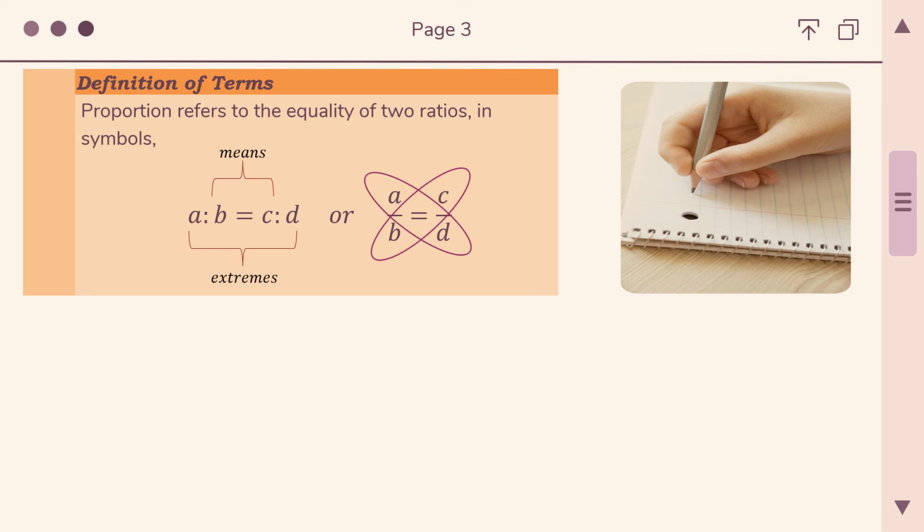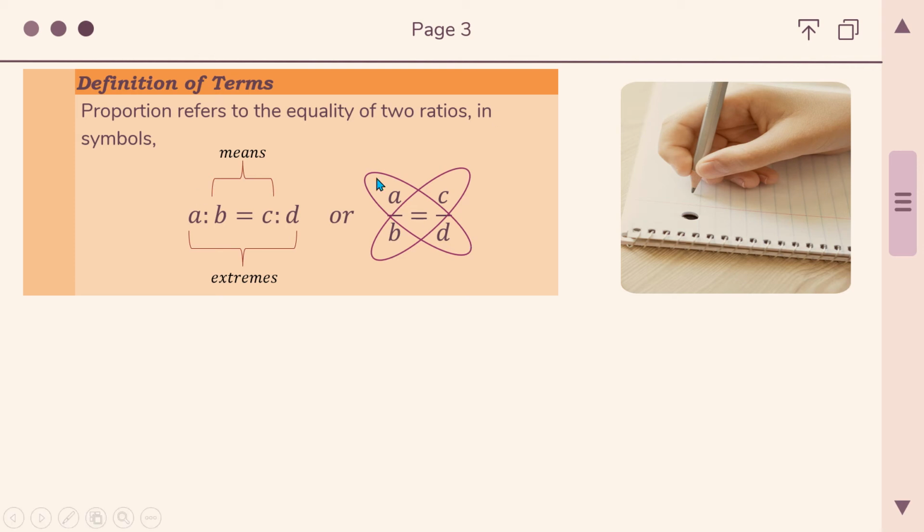So what do means and extremes mean, sir? When you say means, that is the inner product, which is B and C, while the extremes are the outer product represented by A and D. On the right side, this one looks like a scientific symbol, no? But actually, that is the short symbolism of cross multiplication.